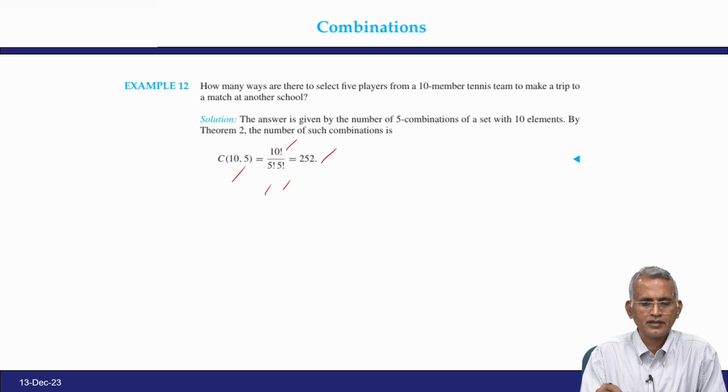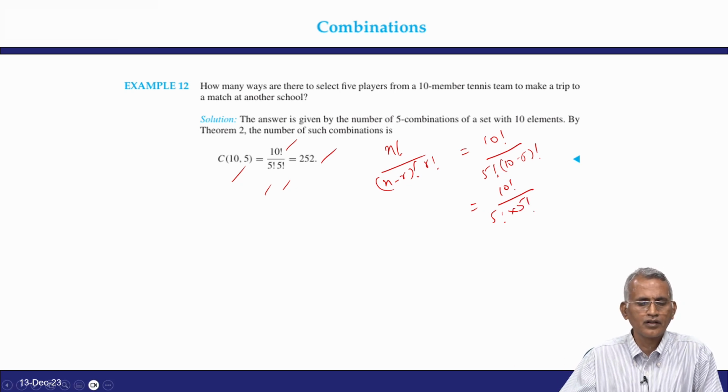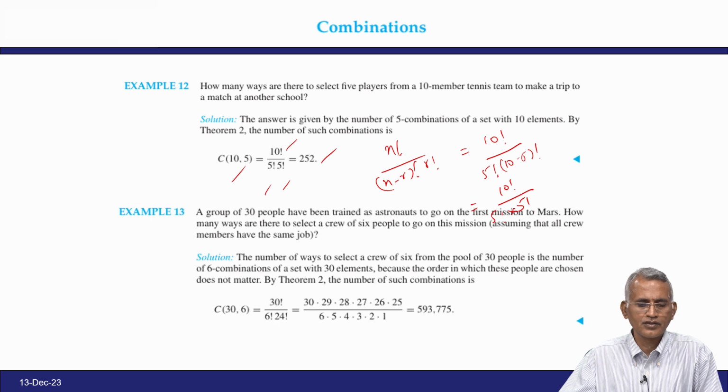That is n factorial by (n minus r) factorial into r factorial, equal to 10 factorial by 5 factorial into (10 minus 5) factorial, which is 10 factorial by 5 factorial into 5 factorial. So, this way we can select 5 players from a 10-member tennis team to make a trip to match another school.